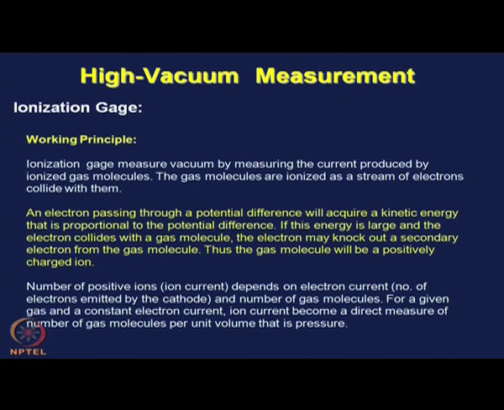An electron passing through a potential difference will acquire a kinetic energy that is proportional to the potential difference. If this energy is large and the electron collides with a gas molecule, the electron may knock out a secondary electron from the gas molecule.